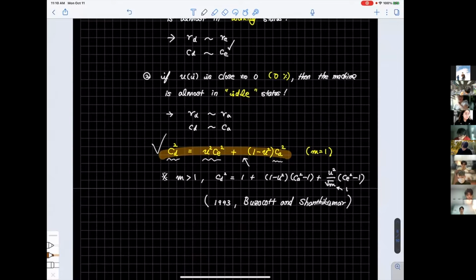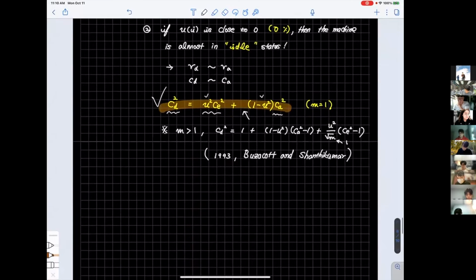And those two variabilities split into two terms. And if there are multiple machines, in that case we can use this formula that was introduced by Bu and Shanthikumar in 1993.